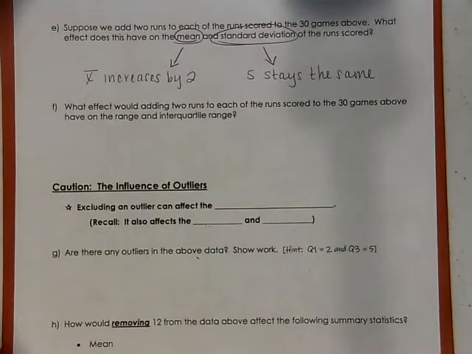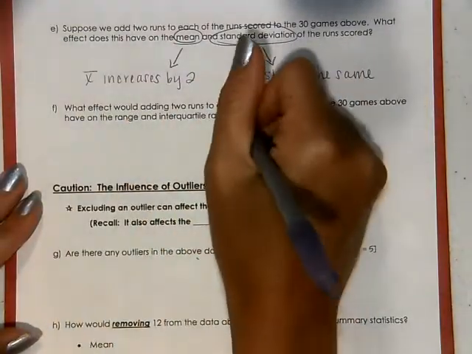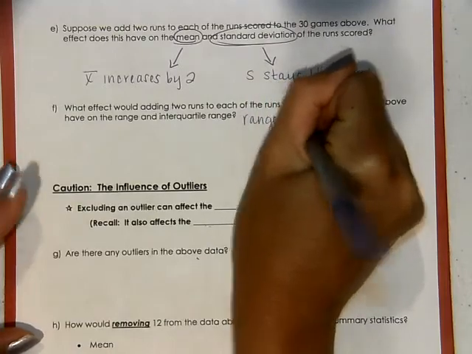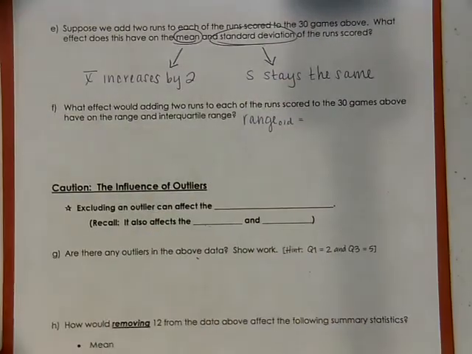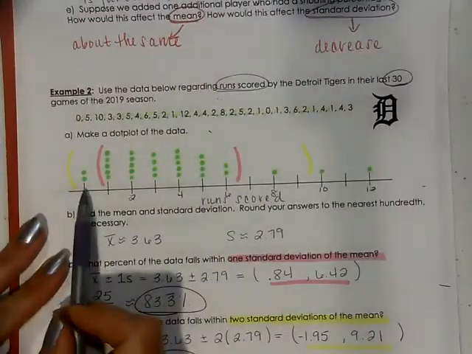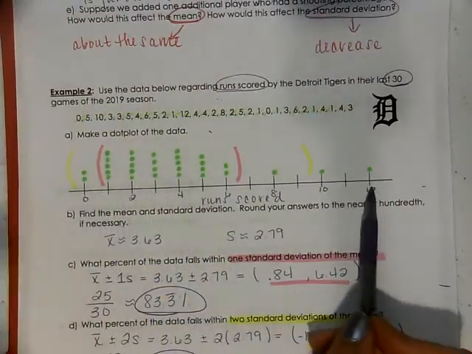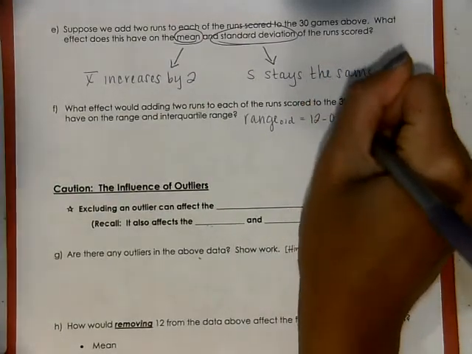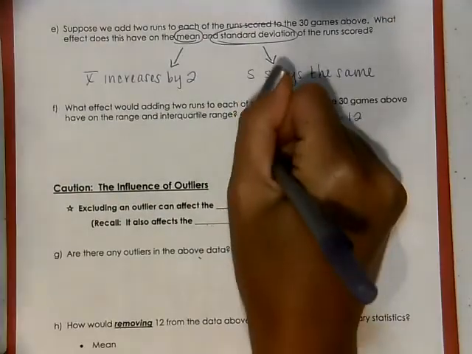What effect would adding 2 runs to each of the runs scored in the 30 games above have on the range and the interquartile range? Well, let's look at the range, your old range. The smallest number was 0, the highest was 12. So it would be 12 minus 0. So my old range was 12.